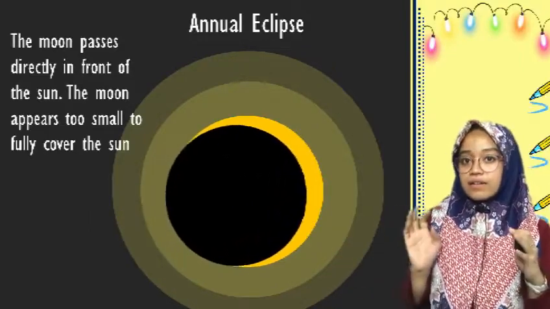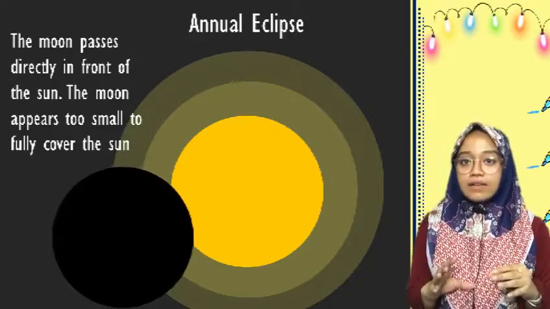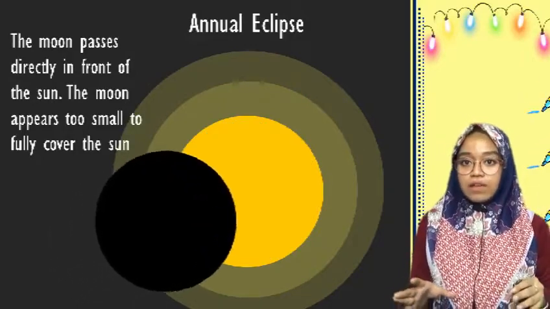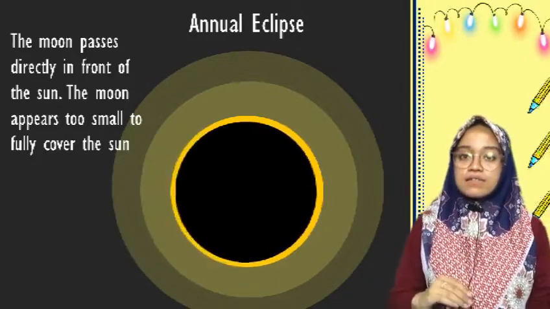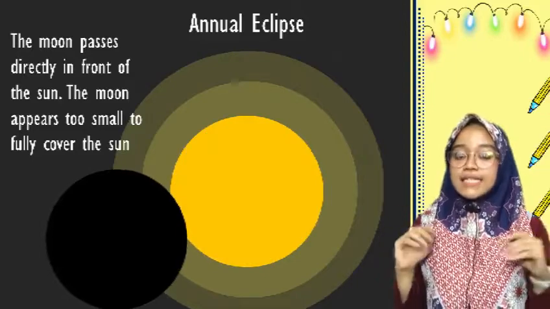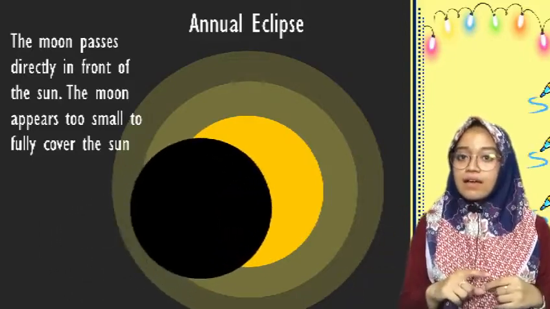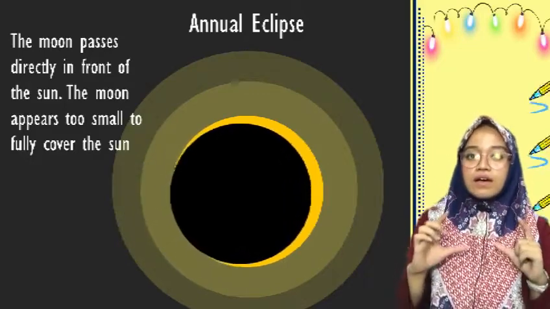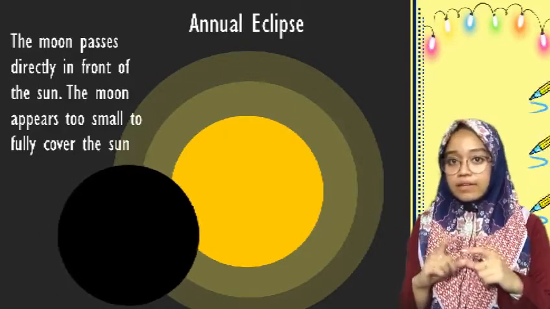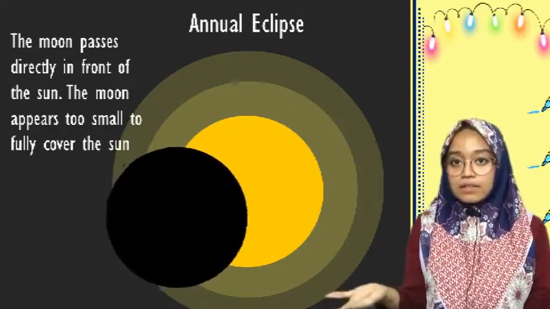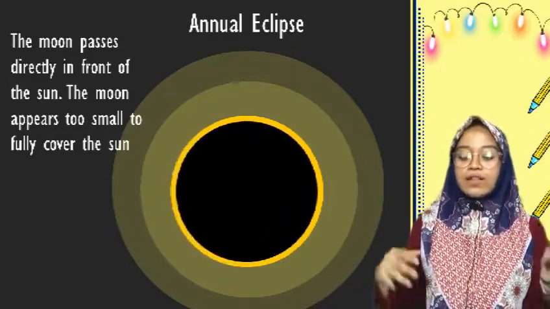So we can see this eclipse like a ring. In Bahasa we call it gerhana matahari cincin, because the sun rays form a ring. So we call it gerhana matahari cincin, and in English it is an annular eclipse.